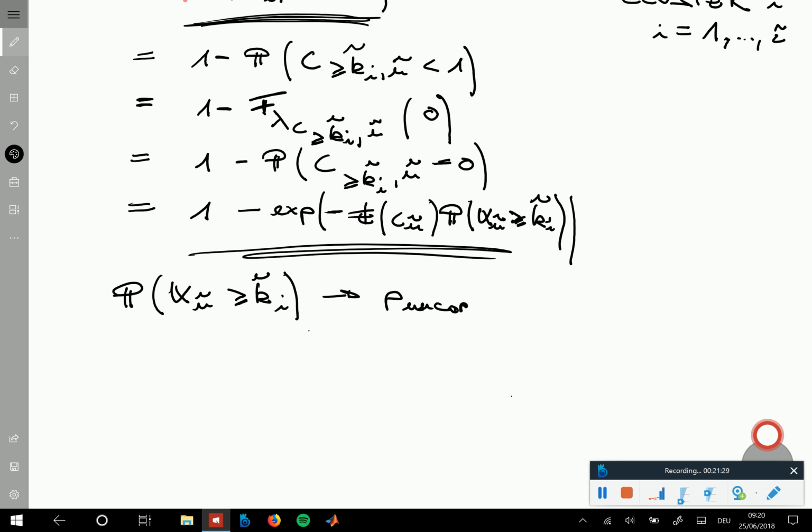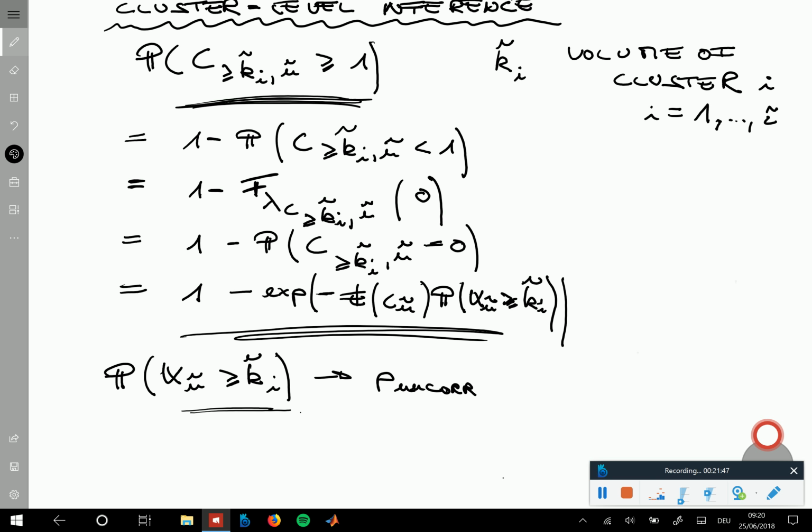So this is just the probability of observing a volume of clusters larger or equal to k tilde, so the volume of this under the null hypothesis. So mind the difference.